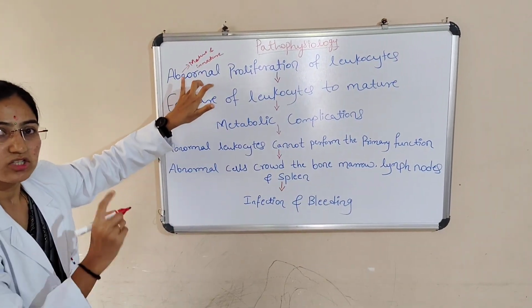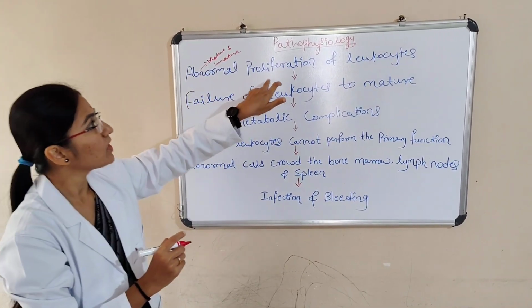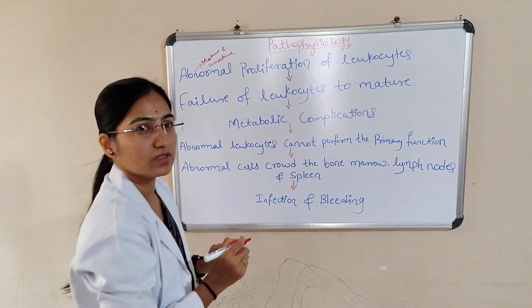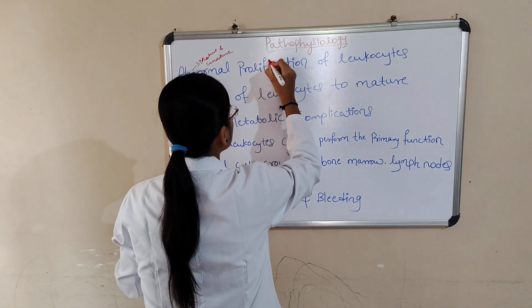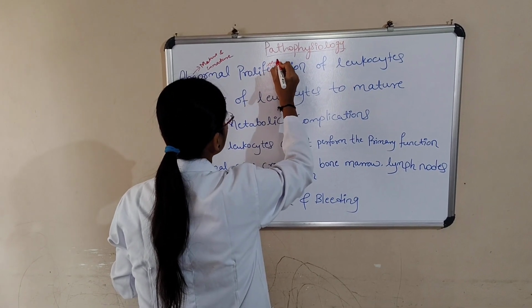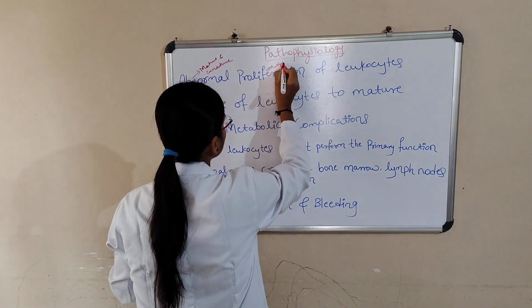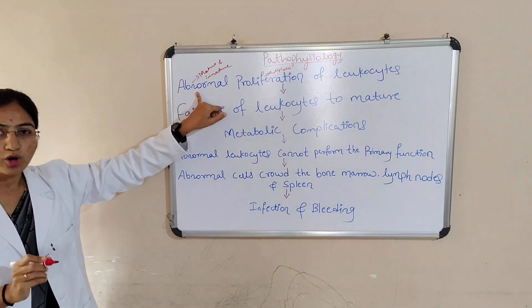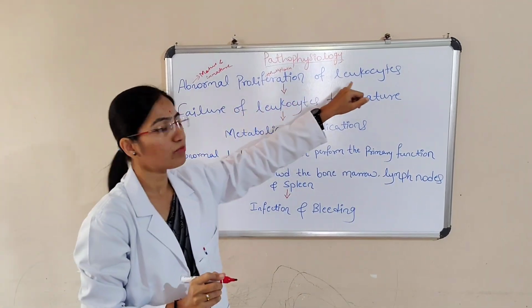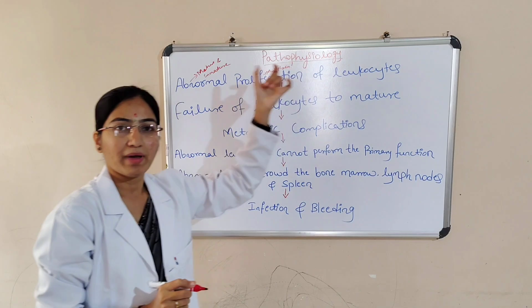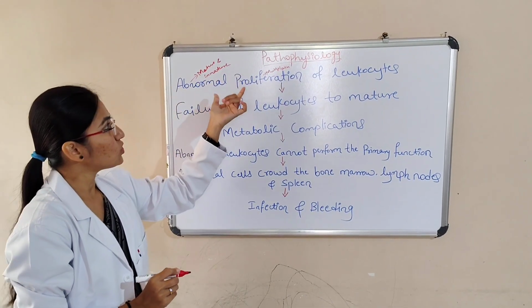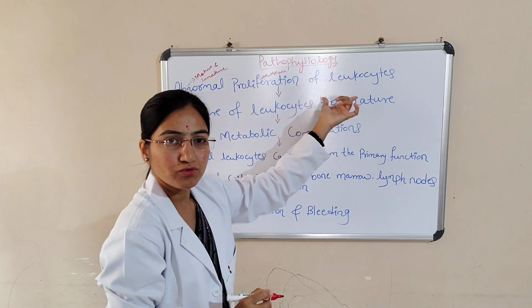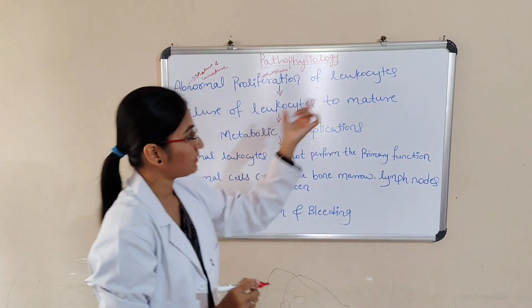Proliferation is nothing but the multiplication of cells. The mature and immature leukocytes multiply abnormally.